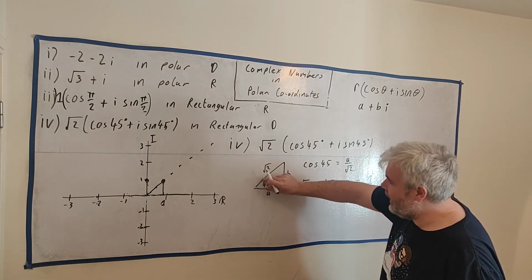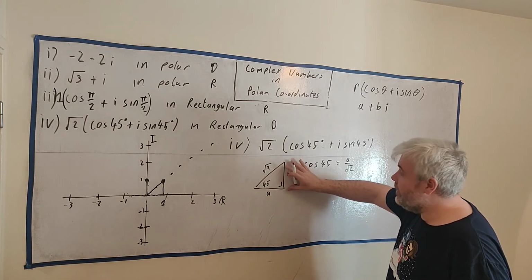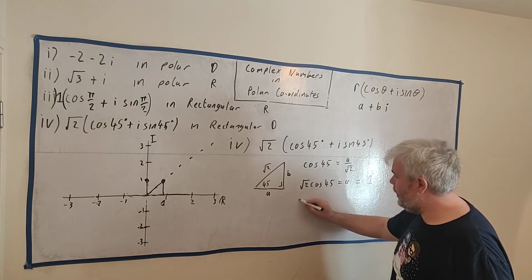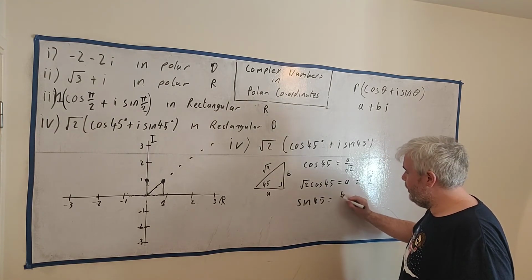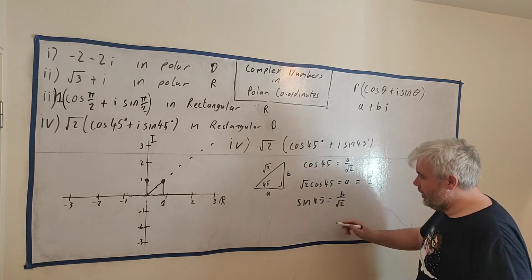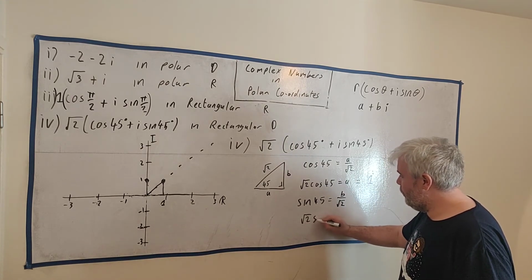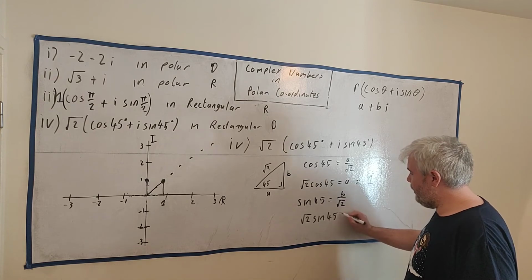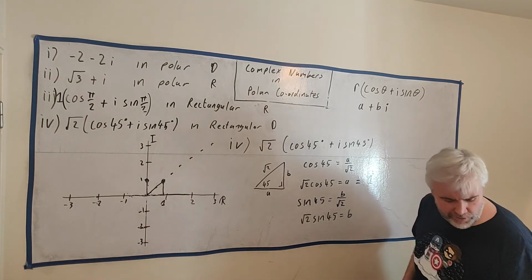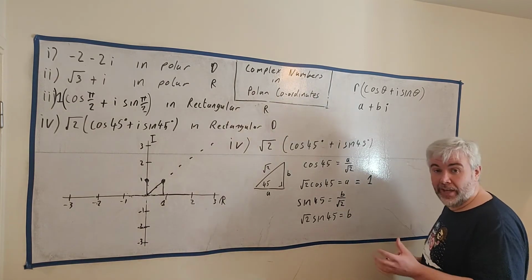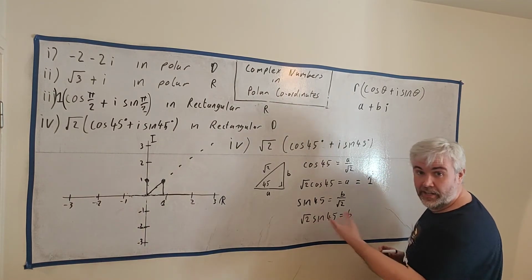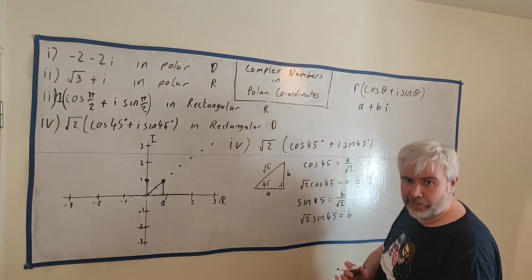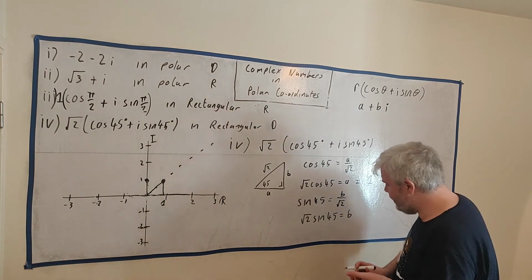Let's see, I have an angle, I need the opposite, and I have the hypotenuse. Well, the sine of an angle is equal to the opposite over the hypotenuse. So if we rearrange that, square root of 2 sine 45 is equal to B. Let's do this one without a calculator. Let's pretend we have our formula book. They tell us the sine of the famous angles, sine 30, 45, 60, 90.